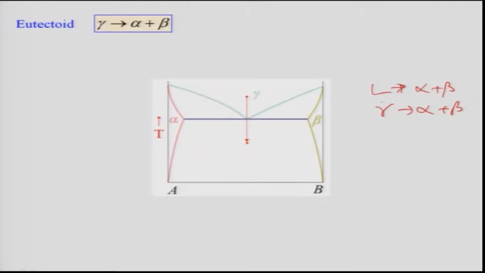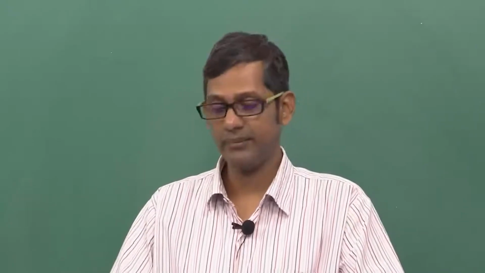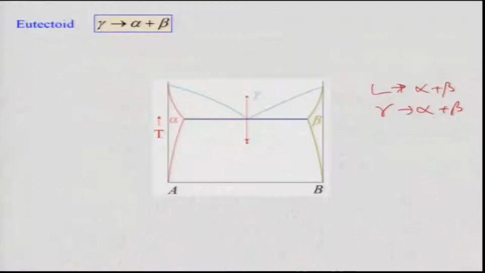Whenever you see eutectic, peritectic, the 'tic' word, that means the transformation involves a liquid phase. But the moment you see 'toid' in the word, that means the transformation is in the solid state. So eutectoid is a solid state version of the eutectic. As you see, the phase diagram looks similar, gamma going to alpha plus beta here, and eutectic is liquid going to alpha plus beta.